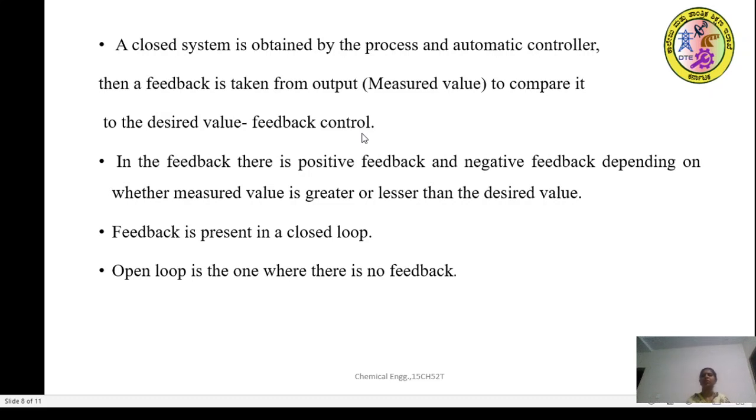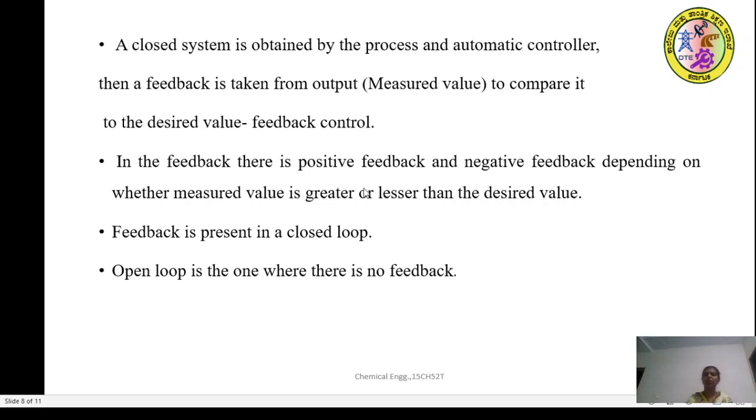This we call a closed loop feedback control system. So the process and the automatic controller put together, we call it a closed system. In a closed system, the output of the controller is compared with the set point. Then we call it a closed feedback control system.